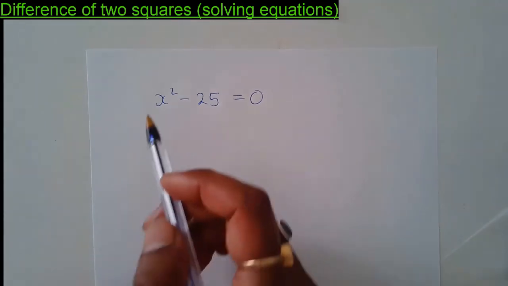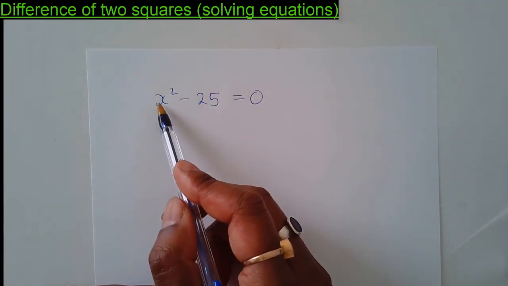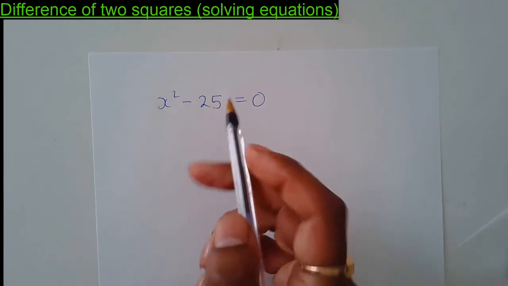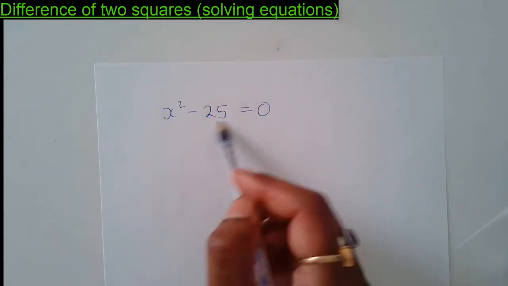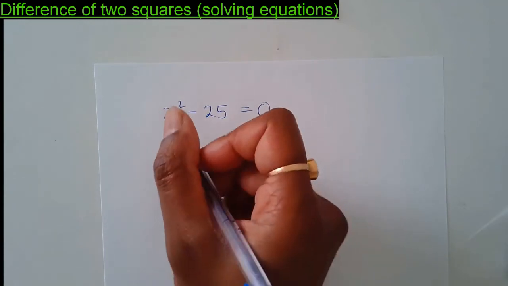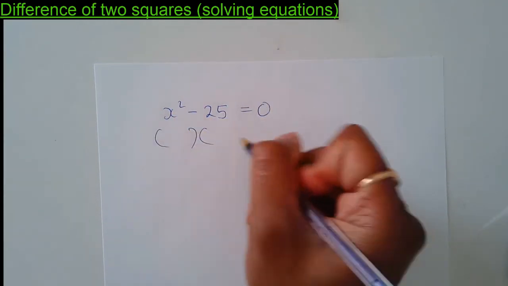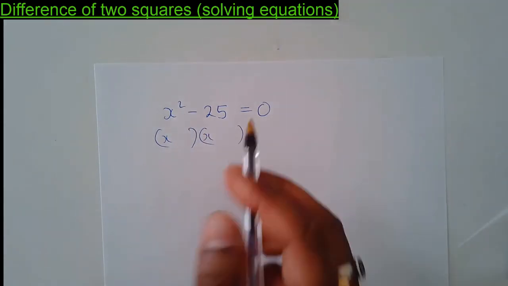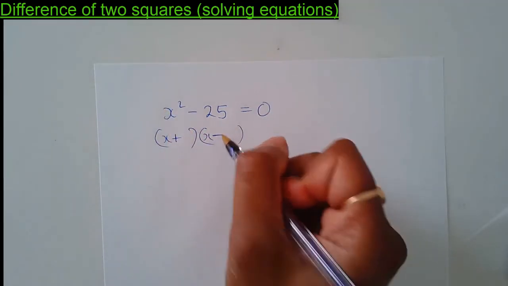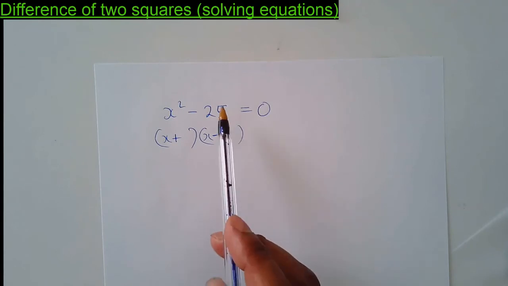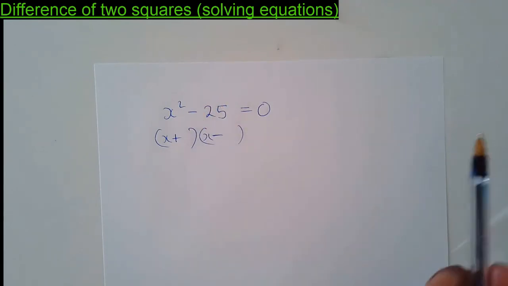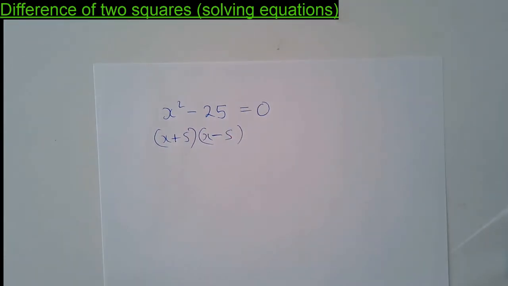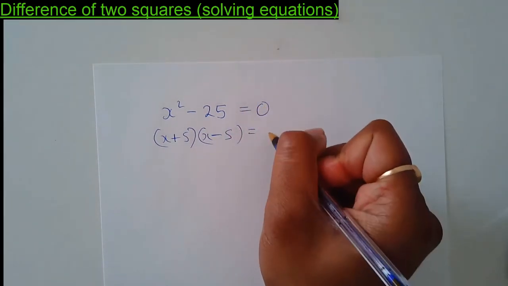I'm going to solve this, and I've straight away recognized difference of two squares. In a previous video, I showed you how to factorize things like this. So what you do is double brackets, you've got to have an x and x because x times x is x squared. You need to have the plus and minus. Then square root of 25 is 5. Plus and minus 5. There. Don't forget there's an equals 0.